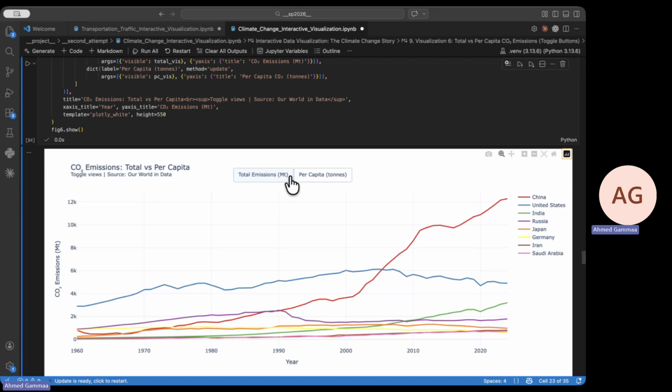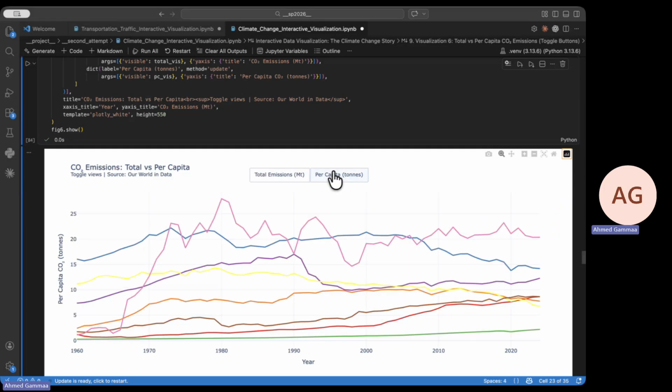Okay, this is interesting. Let's see here. In the total emissions, China has the clearly largest emissions, but let me click on the per capita. The story completely changed. Look, here the United States has 14.2 tons per capita, while China has almost half of that, which is 8.7 per capita emissions.